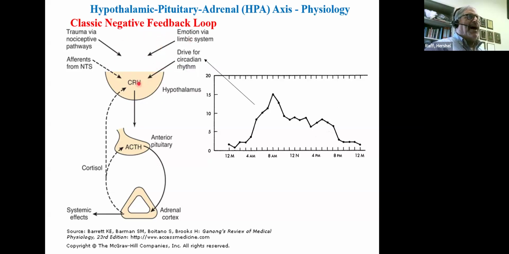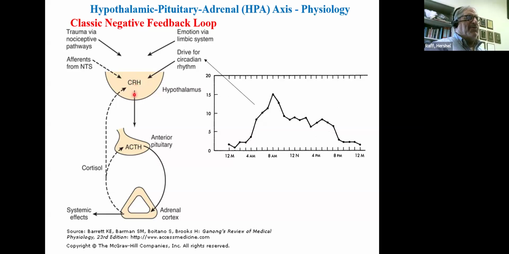There's inputs into the hypothalamus in the brain, and most of these are called stress inputs, like emotion or trauma, pain, blood pressure, blood gases, things like that. There's also a non-stress input called the drive to circadian rhythm that everybody with a diurnal lifestyle has. And I'll come back to that in a little while because it'll become very important.